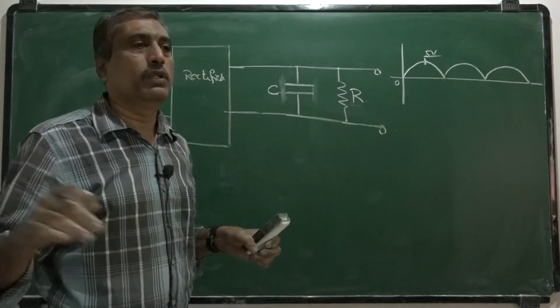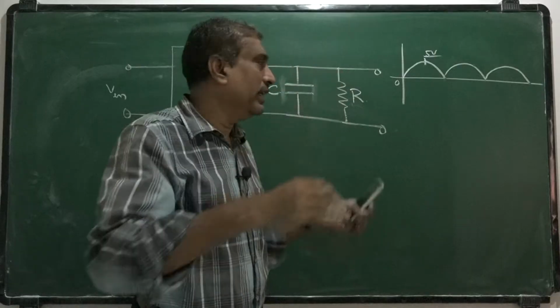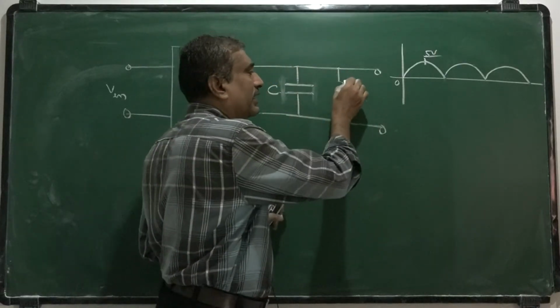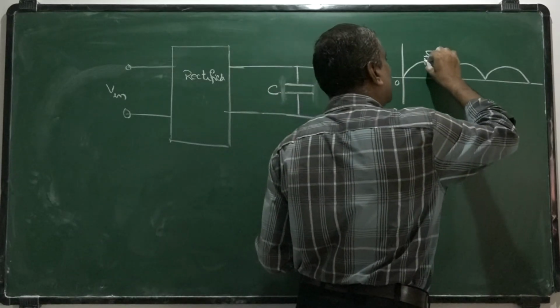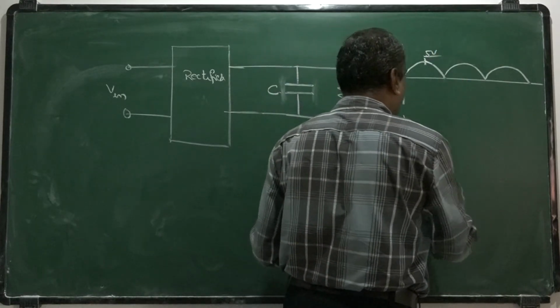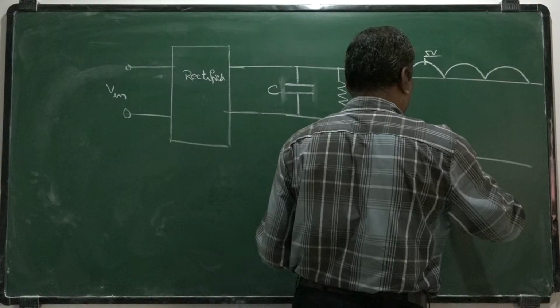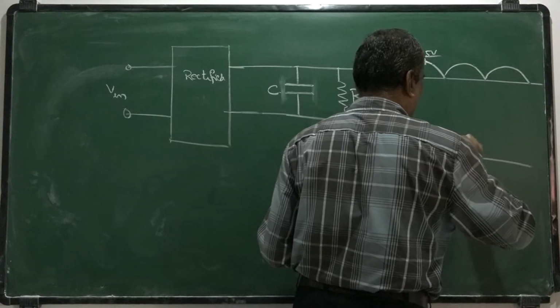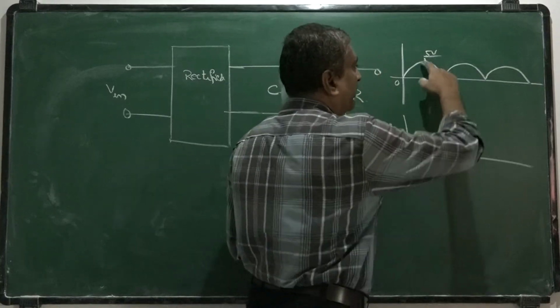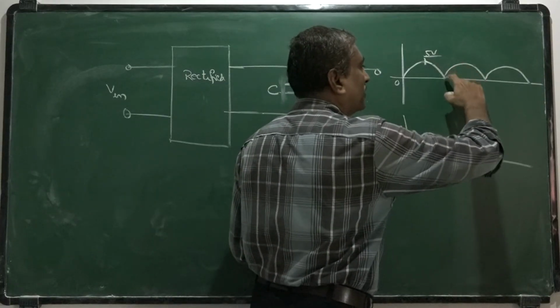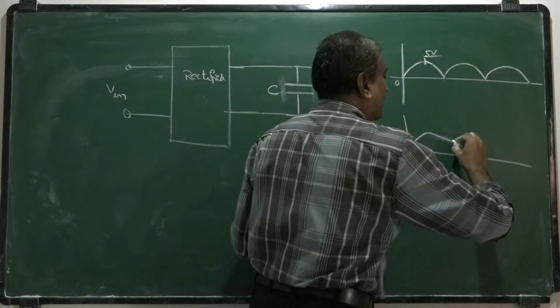It takes more time, that means it won't fall sharply to 0 as that of this current I. So the output becomes like this. In even this time, this again comes to 0 and again rises to 5, so that you get like this.